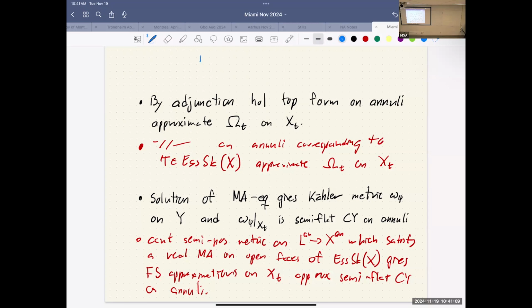By Mazzon, Fabre, Jonsson, there exists a unique continuous semi-positive metric on L solving it.